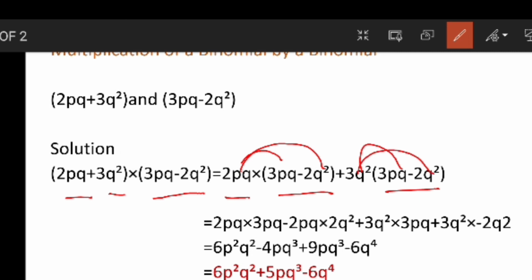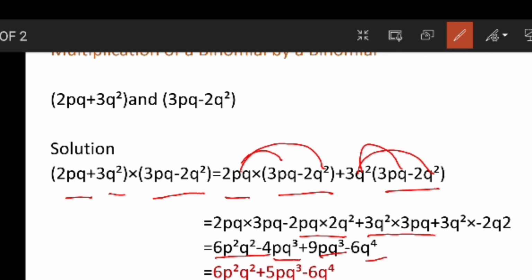After multiplying we will get 6p squared q squared and minus 4pq cube, and 3 nines are 9pq cube and minus 6q power 4, that is 3 into 2 is 6, and q squared into q squared is q power 4.